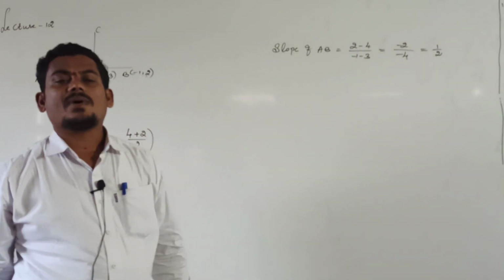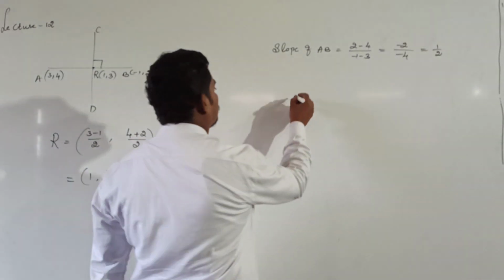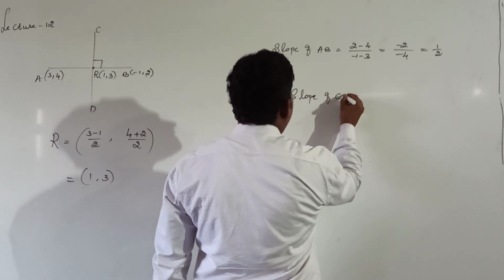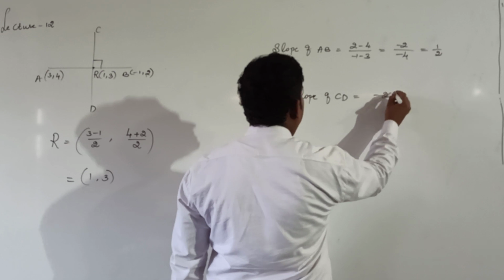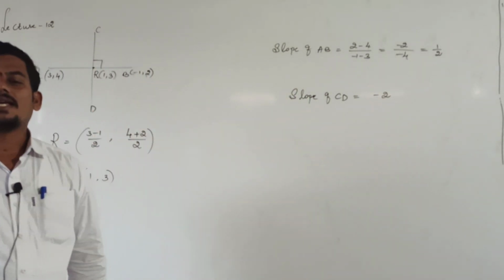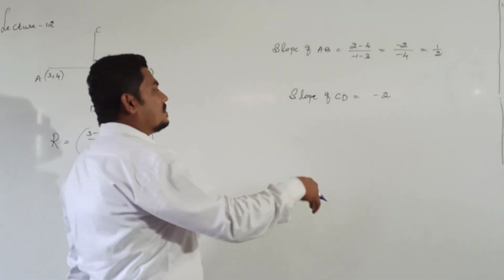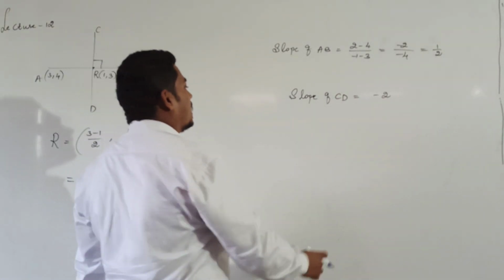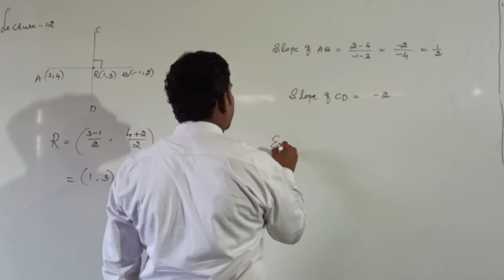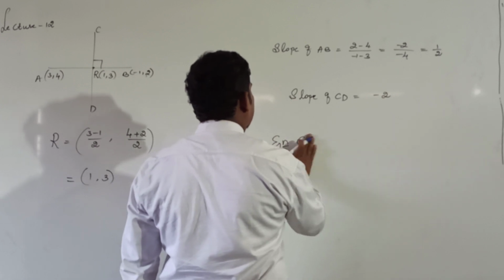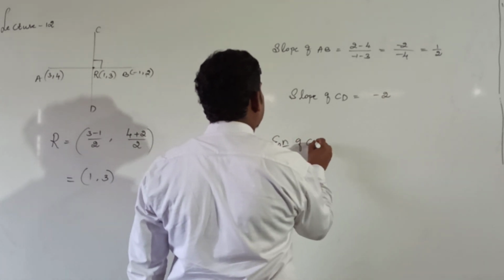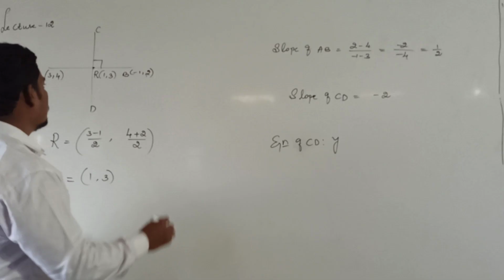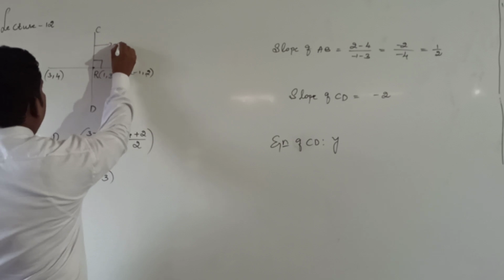Then tell me what is the slope of the CD line? Slope of CD is equal to minus 2, because AB and CD are perpendicular. Product of slopes equals minus 1, and simplifying, you get minus 2. Now the equation of CD, CD means the required line, by using the slope-point formula. What is its slope? -2.